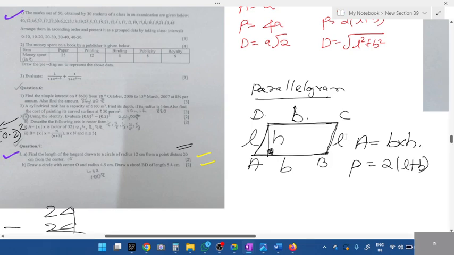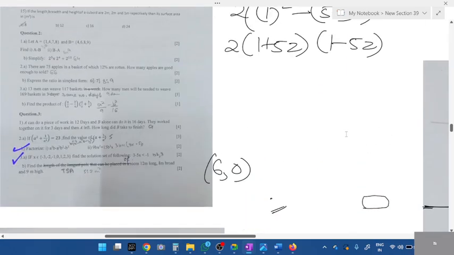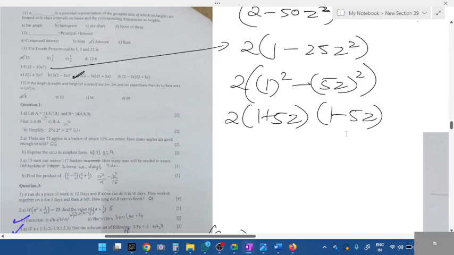I will make a note of the formula. Okay, area of rectangle, square, rhombus, parallelogram. We'll see any question.